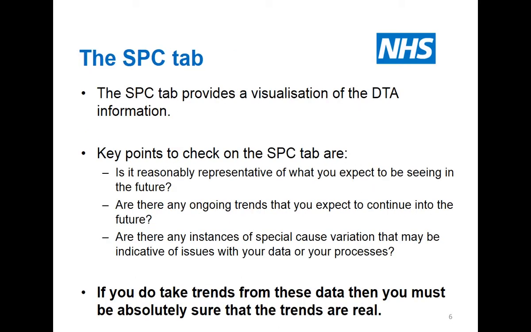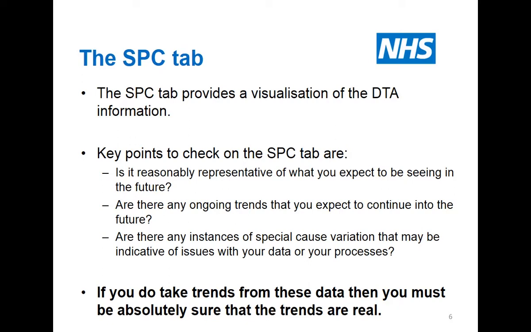The SPC tab provides a visualization of the DTA information. This will allow you to check your data for unusual patterns of behaviour, which may indicate data quality issues or other process issues that require further investigation before proceeding. Key points to check on the SPC tab are: is it reasonably representative of what you expect to be seeing in the future? Are there any ongoing trends that you expect to continue into the future?